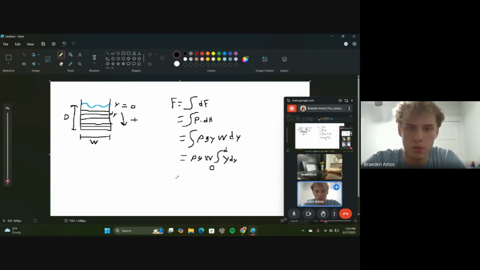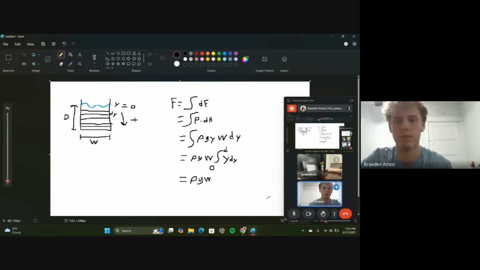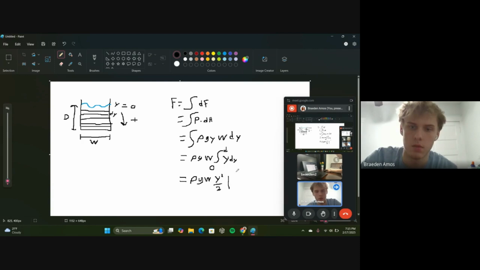So this is equal to rho g W, and those are all constants, which is why they're not in the integral. And then that'll be y squared over 2, evaluated from 0 to D.